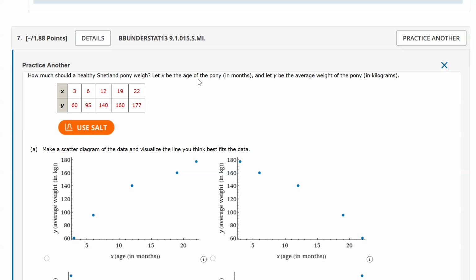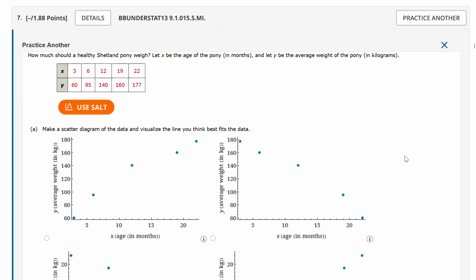Your X is the age, in months. Your Y is the average weight in kilograms. Now, with your scatter diagram, you could check to make sure that you choose the right one. You don't need to go to Sol to find that.